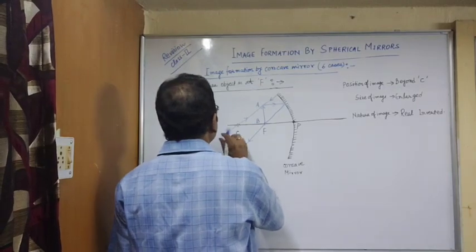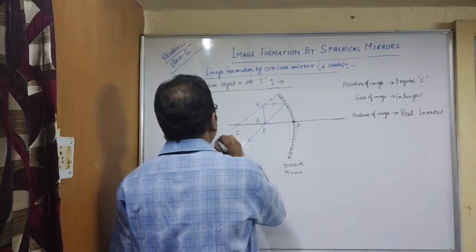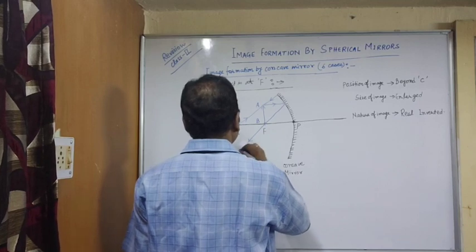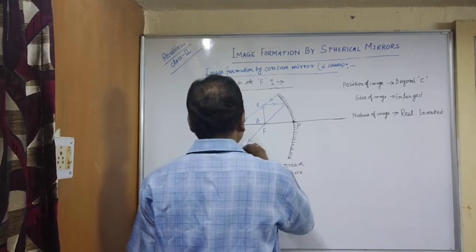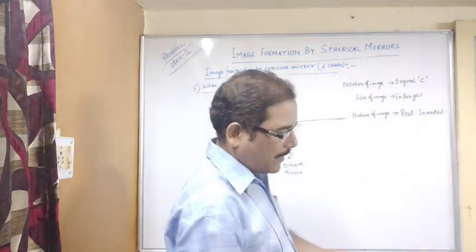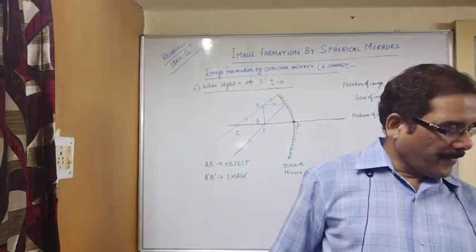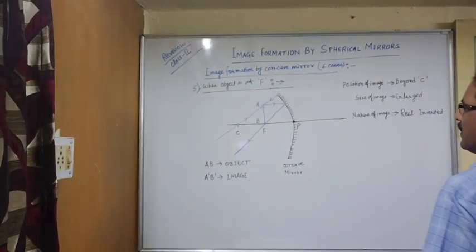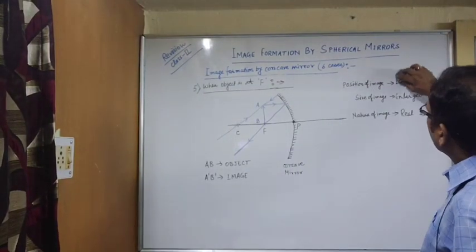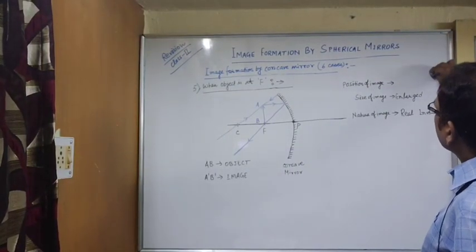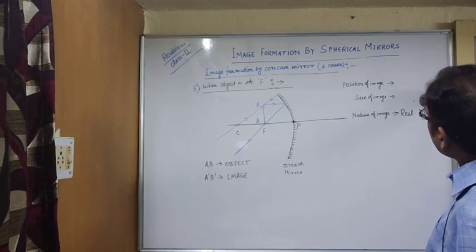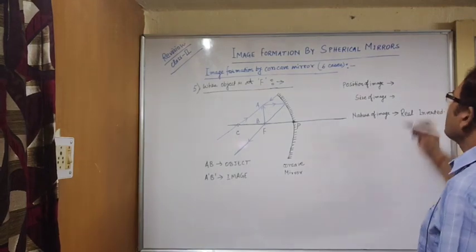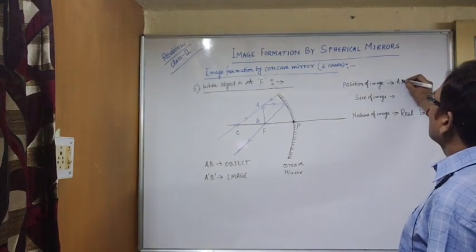Now, the two reflected rays are not exactly parallel, and we assume that they meet at infinity, and a very magnified image is formed there. So here you must remember that the position of image is at infinity.